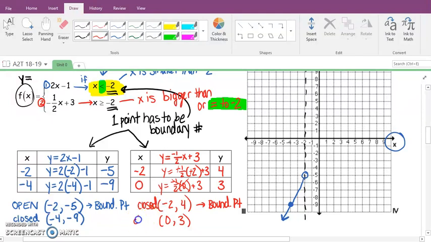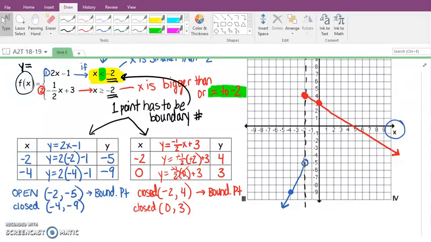And the second one's not a boundary, so it's automatically closed. So negative 2, positive 4, close it up, and then 0, 3. And since this is the part of the graph that's happening to the right, I'm only going to draw my arrow going to the right side. And that's it. We've graphed our piecewise function.